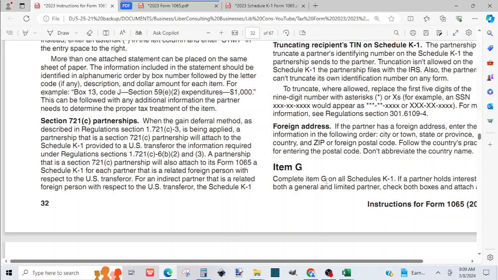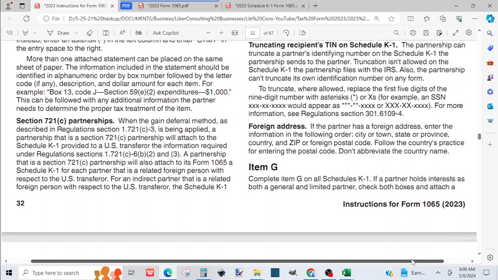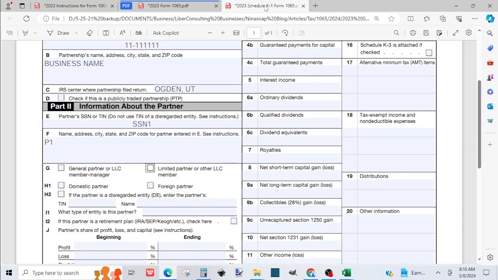Okay, complete item J on all Schedule K-1. If a partner holds interest as both a general and limited partner, check both boxes and attach a statement for each activity that shows the amount allocated to the partner's interest as a limited partner. Okay. Well, I will suggest you use your best judgment on that.